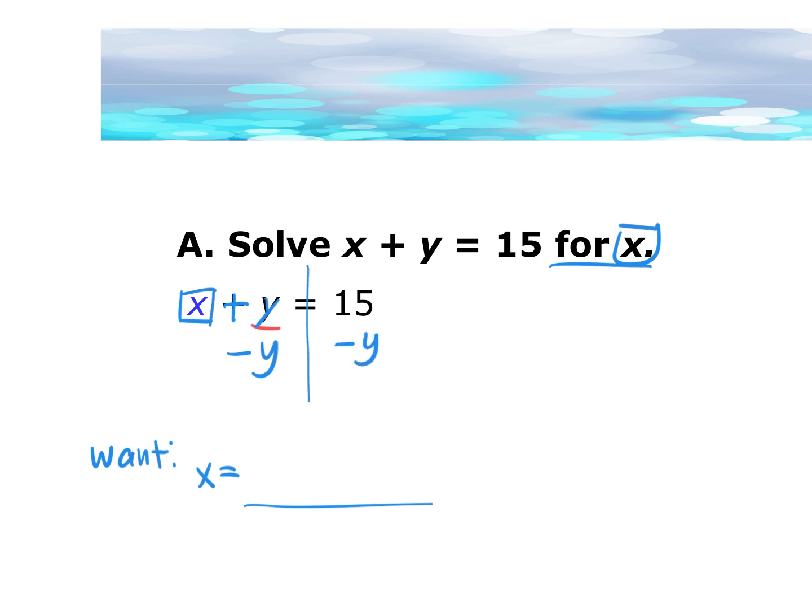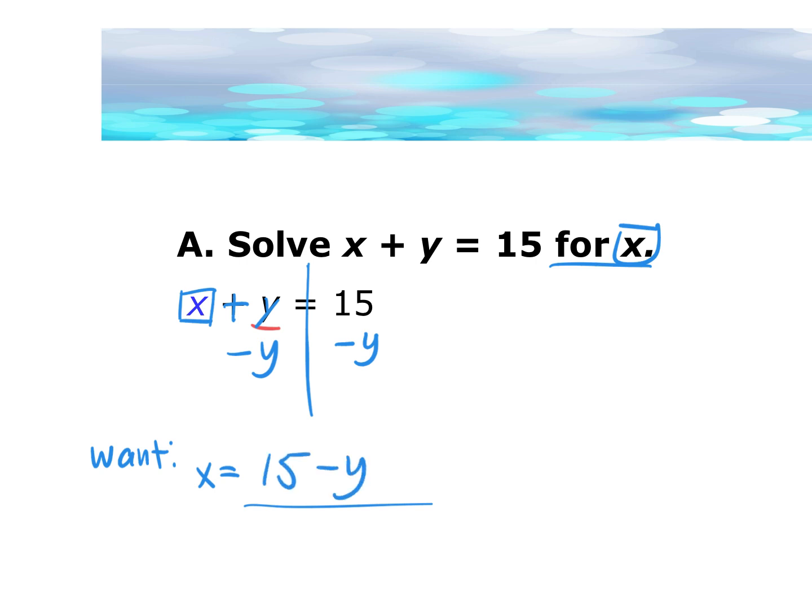That's another reason why I like splitting up the equal sign, because some kids like to write minus y here and then maybe minus y on this side. It goes only one time on each side of the equal sign, or each side of this line that you draw. All right, so let me erase that. So as of right now, we have x equals 15 minus y.